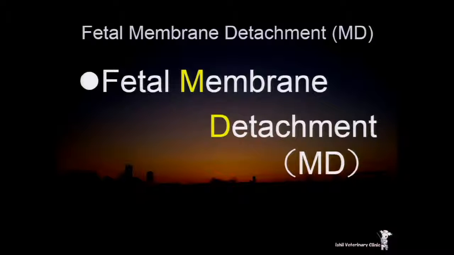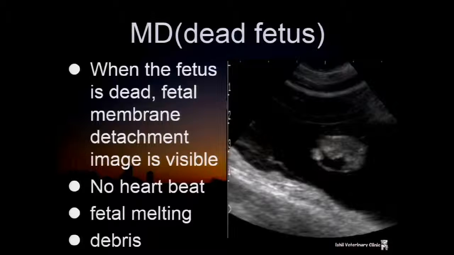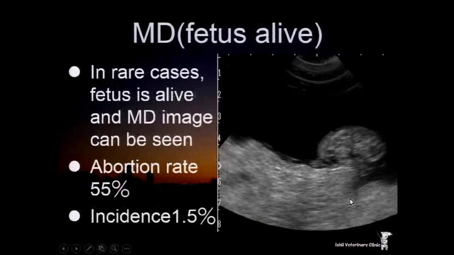Next, fetal membrane detachment, MD. We can see MD when the fetus is dead, with no heartbeat, fetal melting and debris. In rare cases, however, an MD image may be observed even though the fetus is alive.